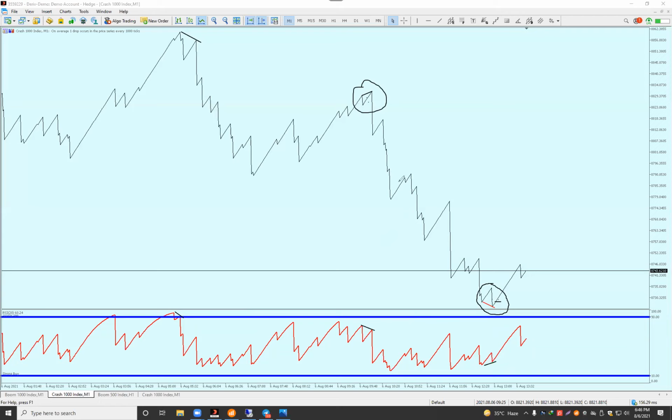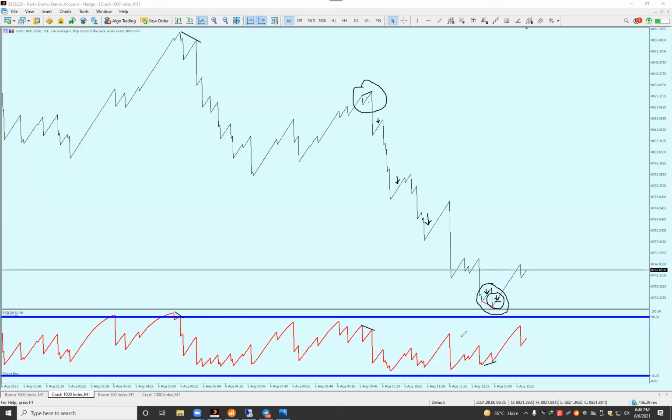Okay. So you got a signal from the spike catcher here, here, here, and also you got a spike catcher signal here, and you got a spike catcher signal here. The last signal, can you take it, because divergence is confirmed?